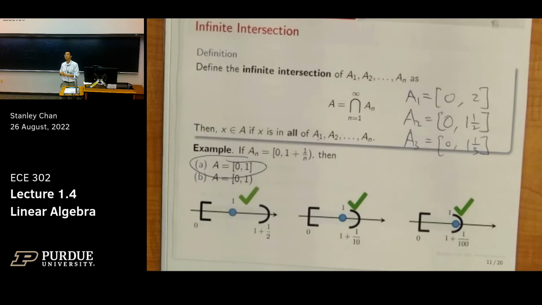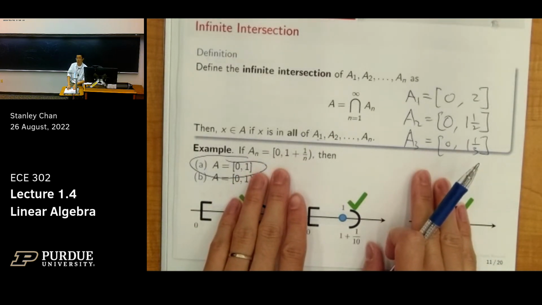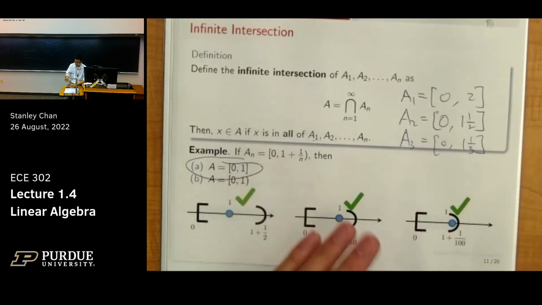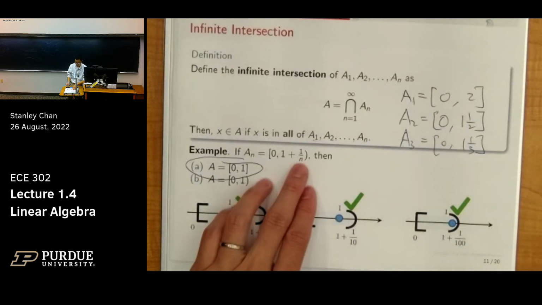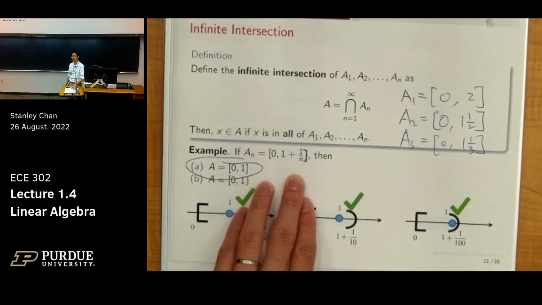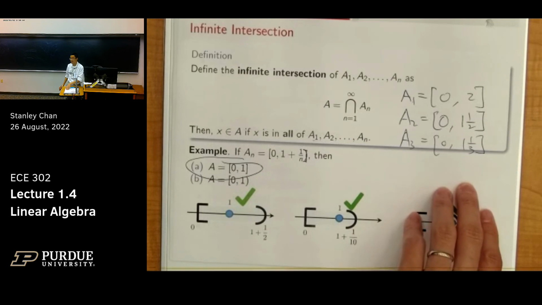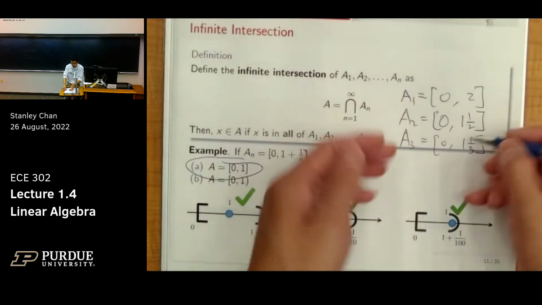Question? So if A in this example was inclusive on the right side, would our answer have to be exclusive on the right side? You've got to check this based on this definition. Okay? It's not guaranteed. Now, what you're asking is, what happens if this is a closed bracket? If this is a closed bracket, we can do this, right? You can keep doing.